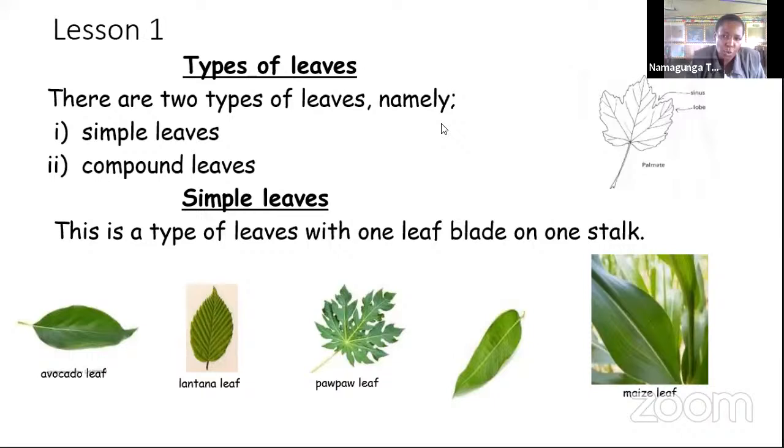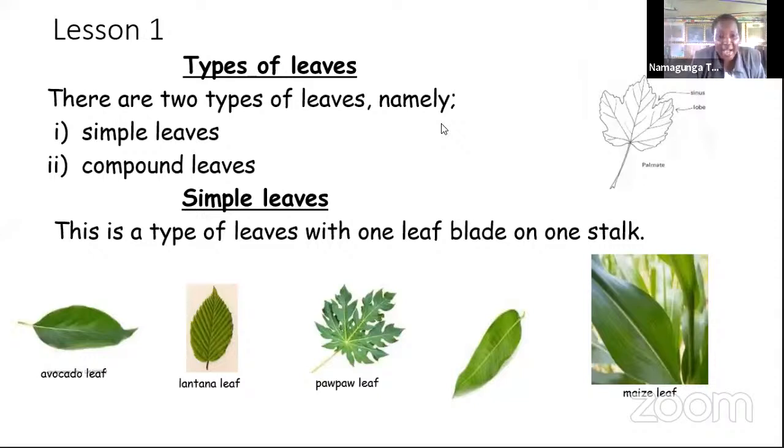The surface is one. The difference is, look at the purple leaf. Do you see the one for the purple leaf? It has different surfaces, but they don't divide up completely. They differ from the avocado and the mango.